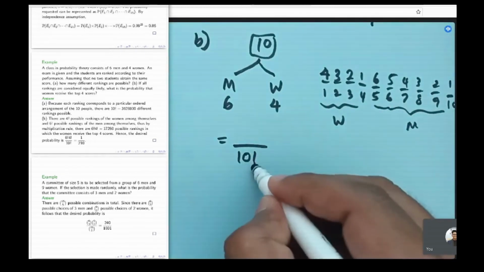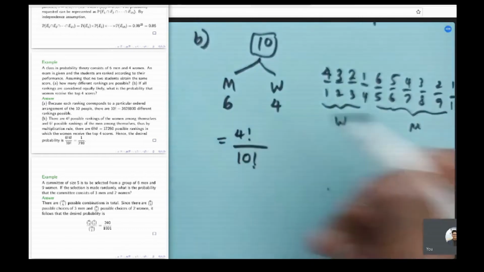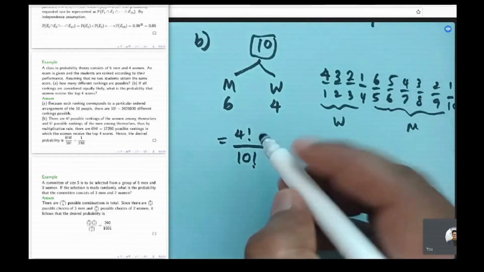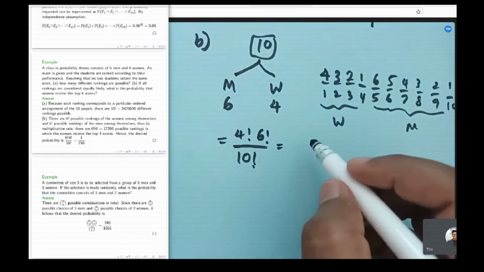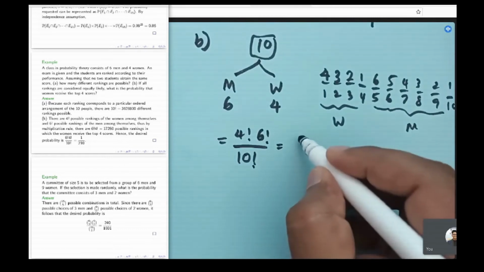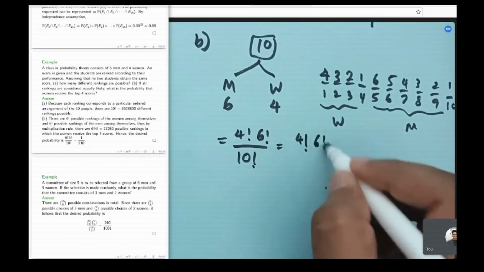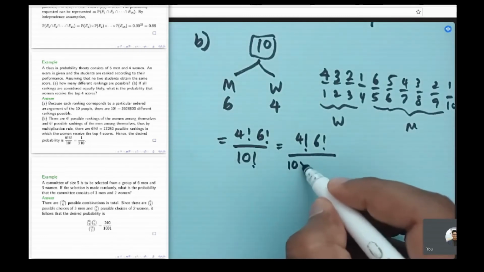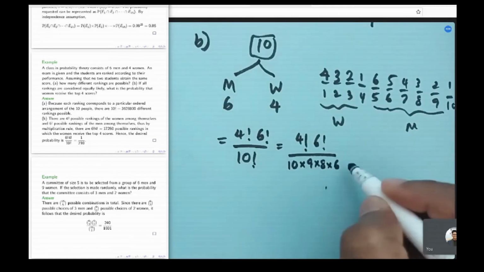You can think of 10 factorial as 10 times 9 times 8 times 7 times 6 factorial.